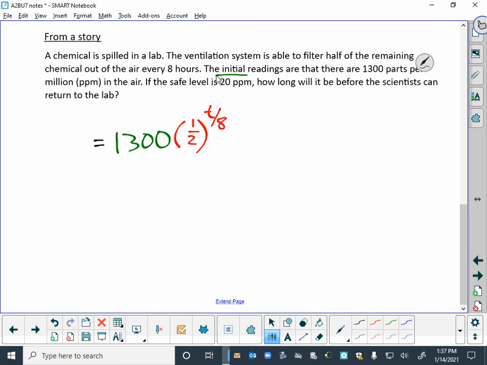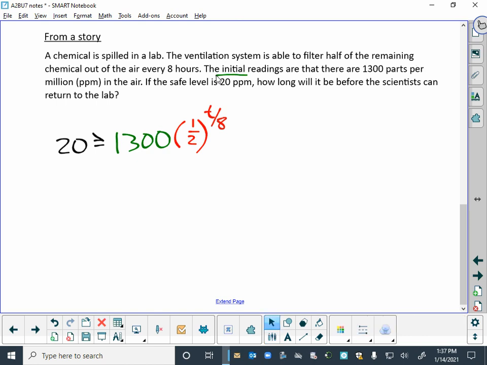And we want to know how many times do we have to do that before we get down to 20 or below. So I guess technically we want to know when this will be less than or equal to 20. But we'll solve it just like it was an equal sign. Okay.